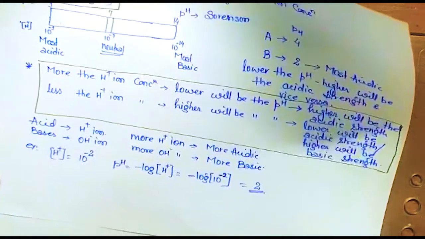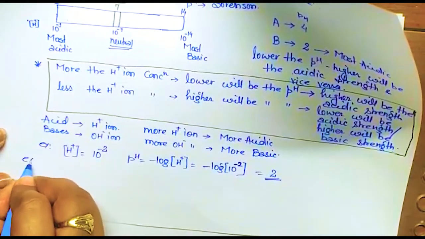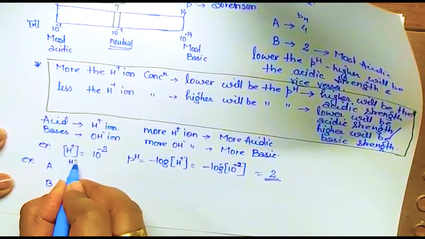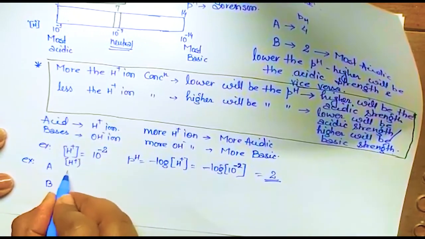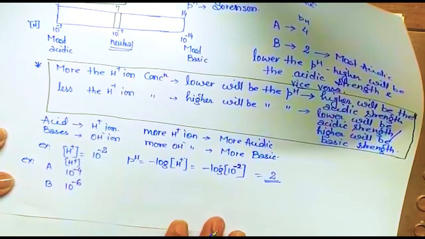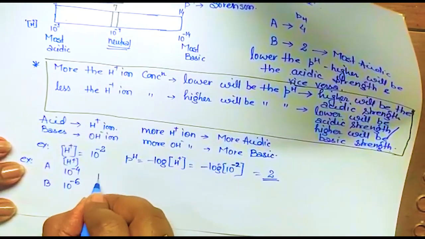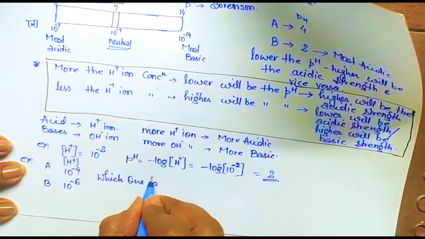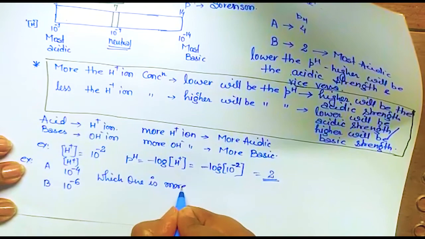Clear? So if I am giving you one question, A and B are there. The H plus ion concentration for this is 10 to the power minus 4, and for this 10 to the power minus 6. Which one is more acidic?